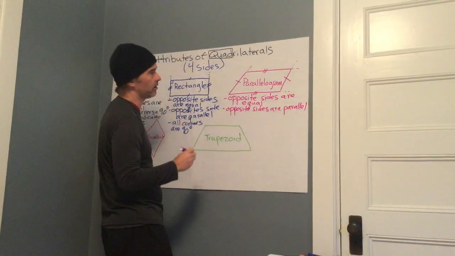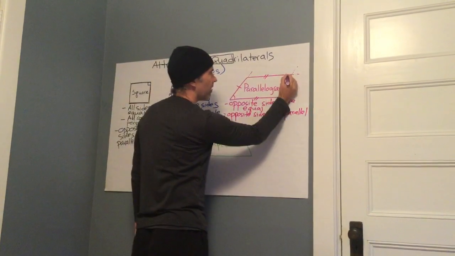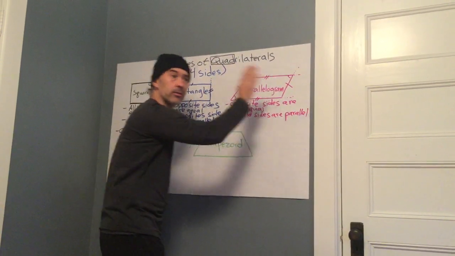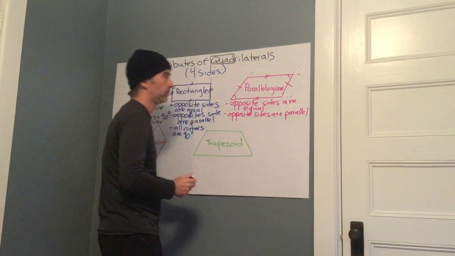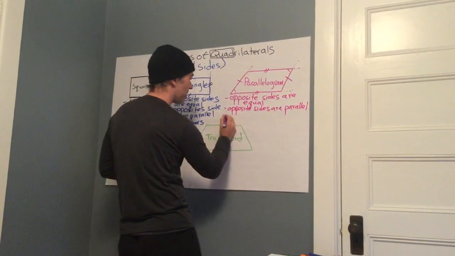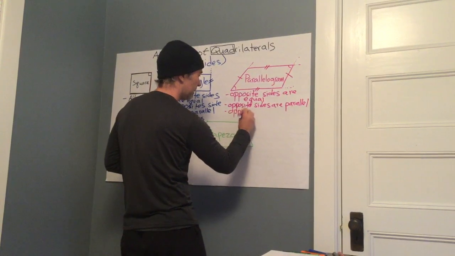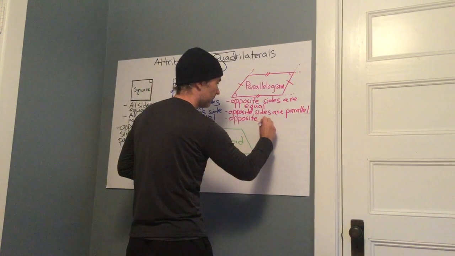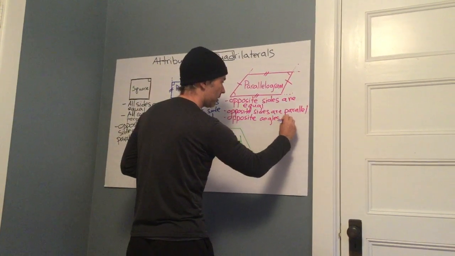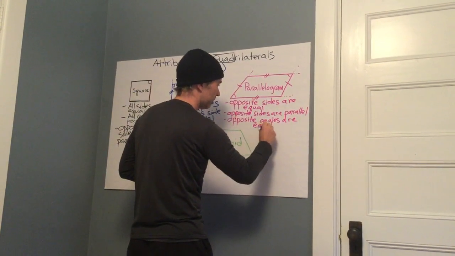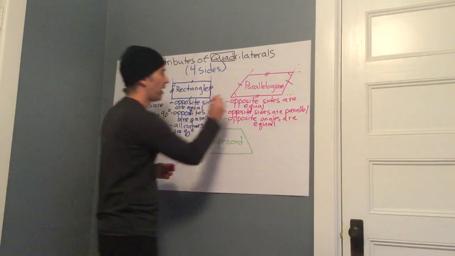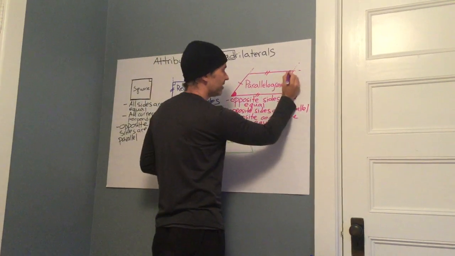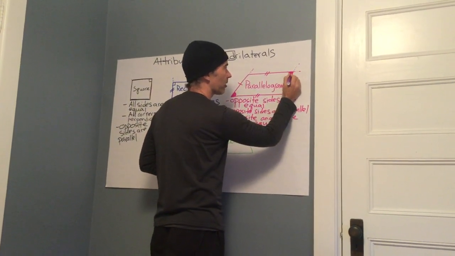Now, I want you to look at this angle and this angle. What can you tell me about the opposite angles? Well, in a parallelogram, opposite angles are equal. Okay, so that means this angle, with this corner, is equal to this angle on this corner.